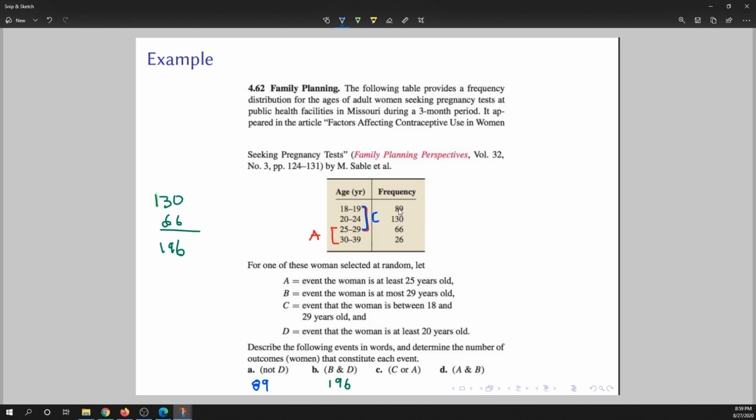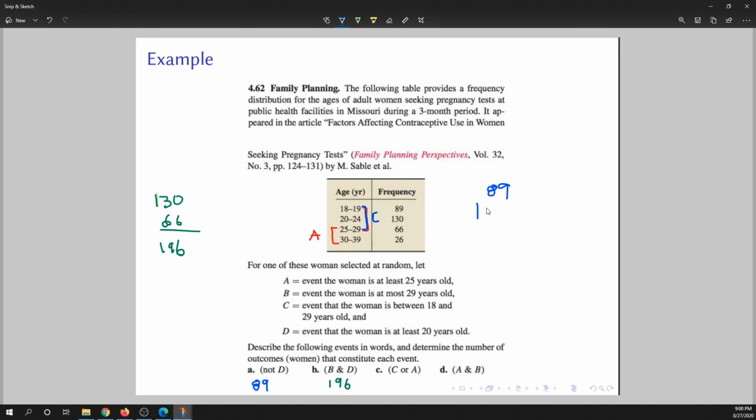So what we would do then is, now they want us to count. Now that we know what C and A are, we would calculate how many are in the event C or A. Remember, with C or A, we would just put these two groups of people together, right? And so you can see it's basically everybody. Everybody is in either A or C, right? So the 18 to 19-year-olds are in there. So if we want to know how many people are in there, we would start with 89.